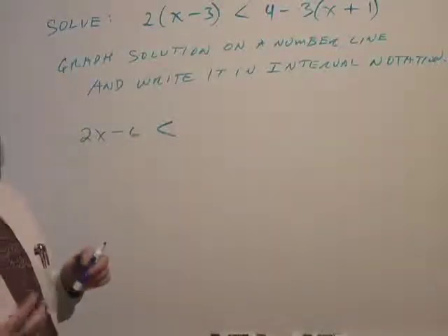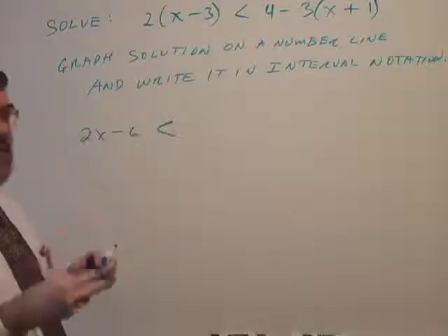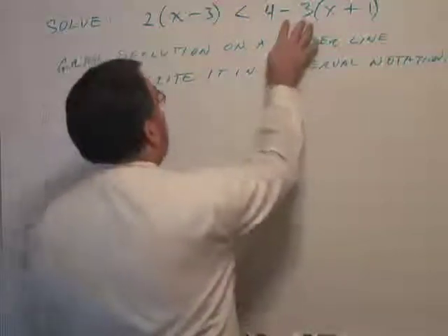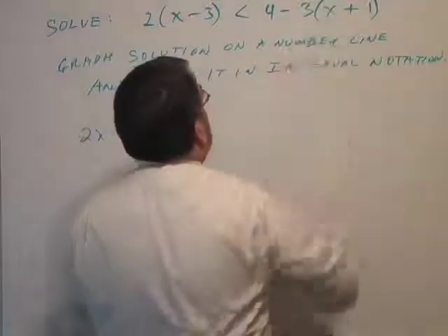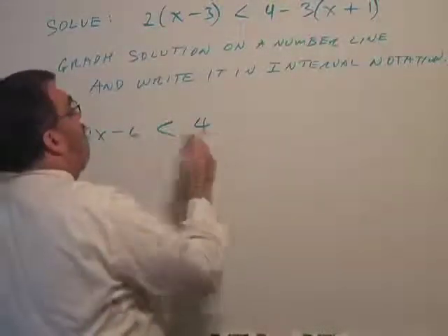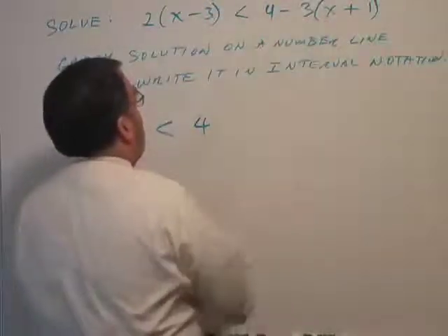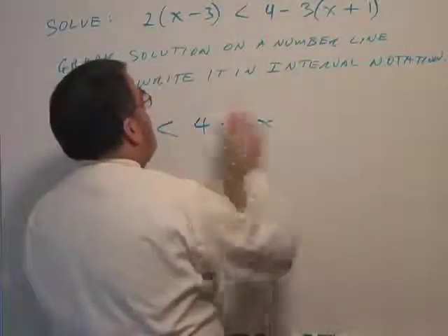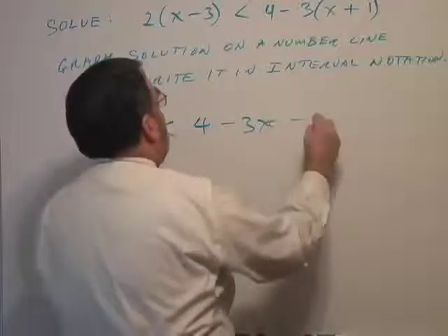The order of operations says to multiply before subtract. So we're going to distribute a negative 3 inside the parentheses and then combine it with the 4. So I have 4 and then negative 3x, and negative 3 times 1, negative 3.